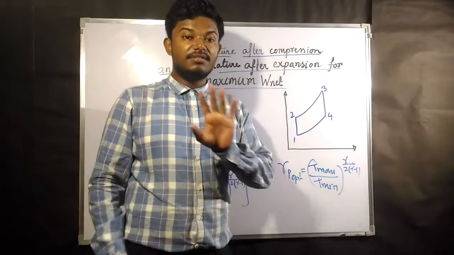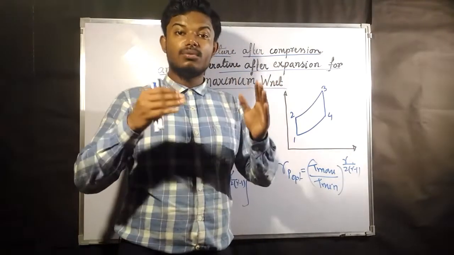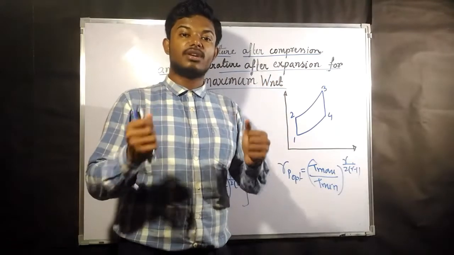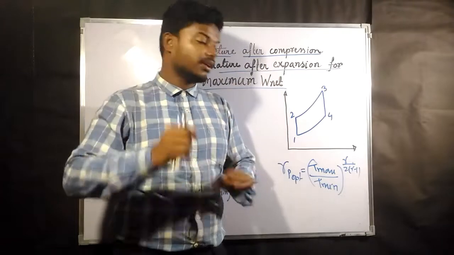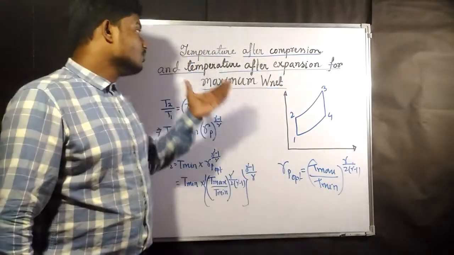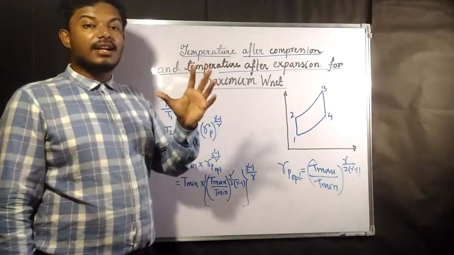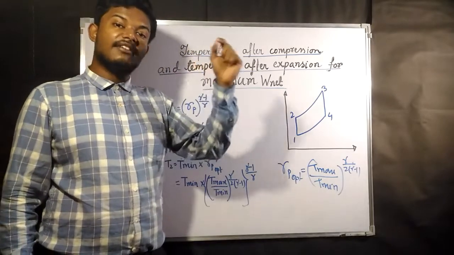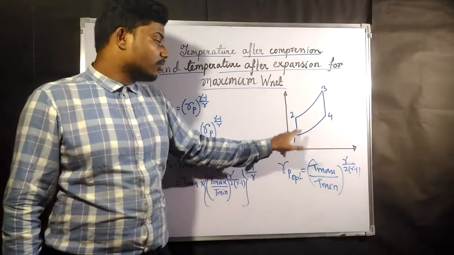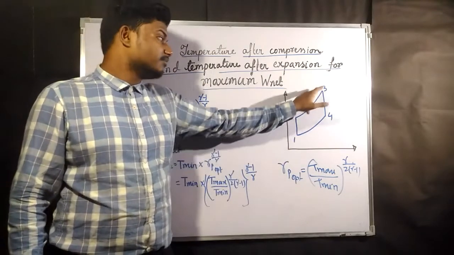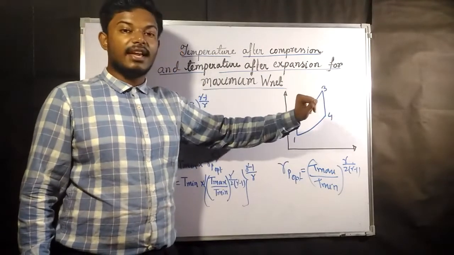That means if someone asks what pressure ratio you get if you want maximum work output from a Brayton cycle, this is the answer. Now we are going to find the conditions like temperature after compression and temperature after expansion. From 1 to 2 it is getting compressed, and from 3 to 4 it is expanding.